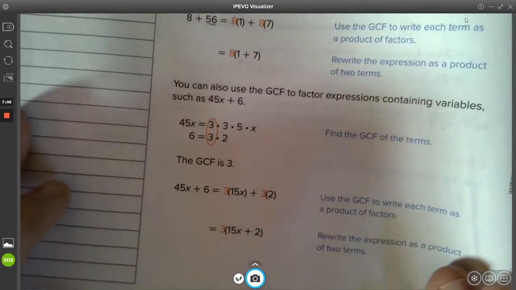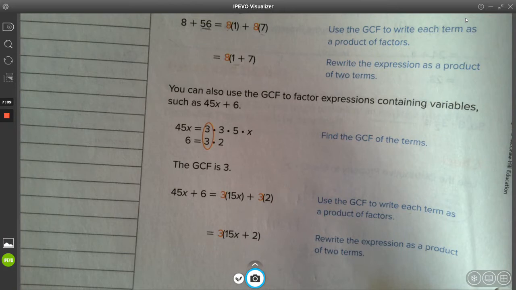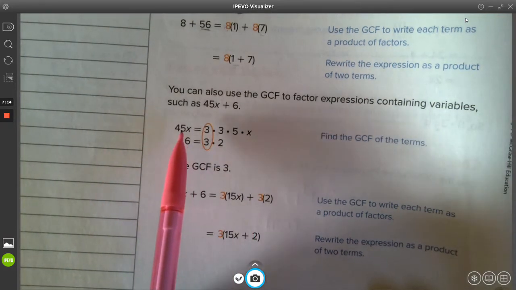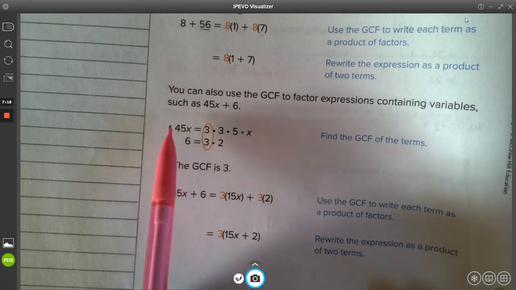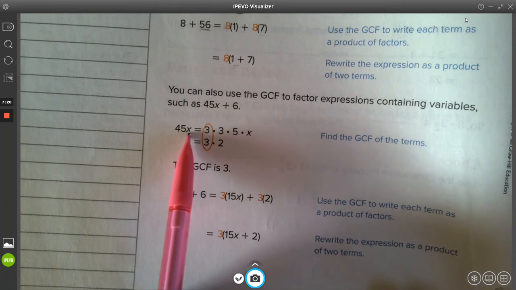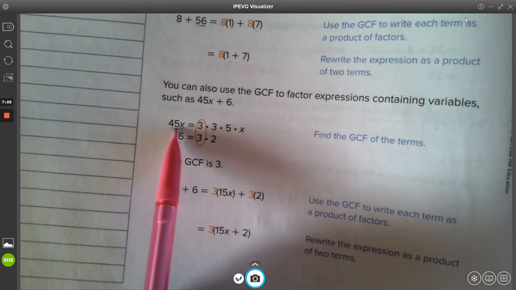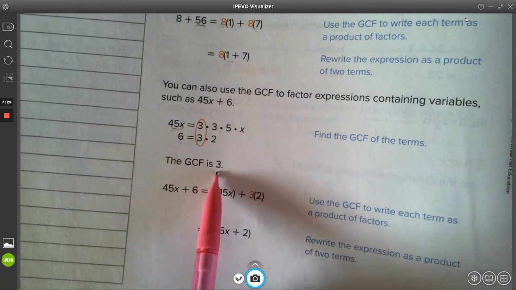All right, so let's go ahead and try that with this problem here. So what we would first do is say, what is a common factor of 45 and 6? Obviously, the x we can't really use, so we would look at just the coefficient 45. 45 and 6 have the greatest common factor of 3.